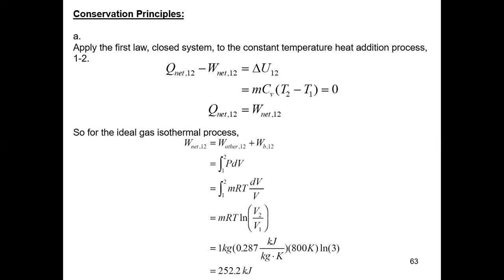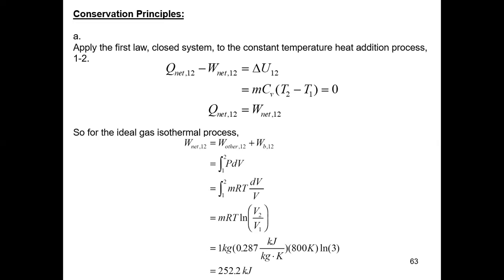So applying the first law, closed system, to the constant temperature heat addition process: Q net 1-2 minus W net 1-2 is delta U 1-2, which is m Cv (T2 minus T1), which is equal to 0. So Q net 1-2 is equal to W net 1-2. For an ideal gas isothermal process, W net 1-2 is W other 1-2 plus W boundary 1-2, and that is the integral from 1 to 2 of P dV.